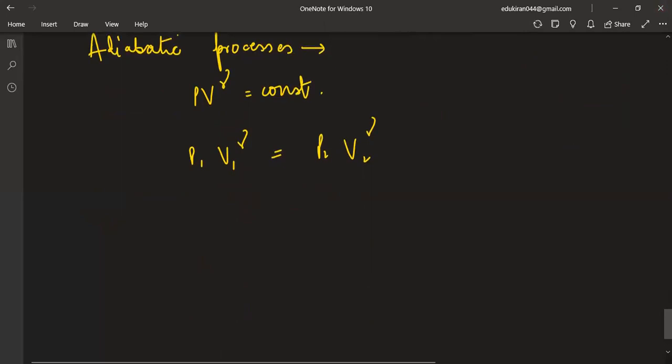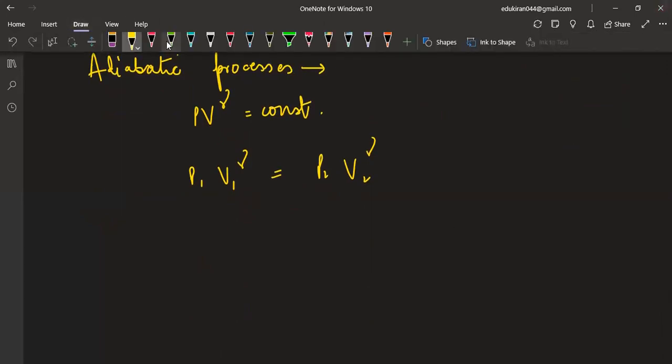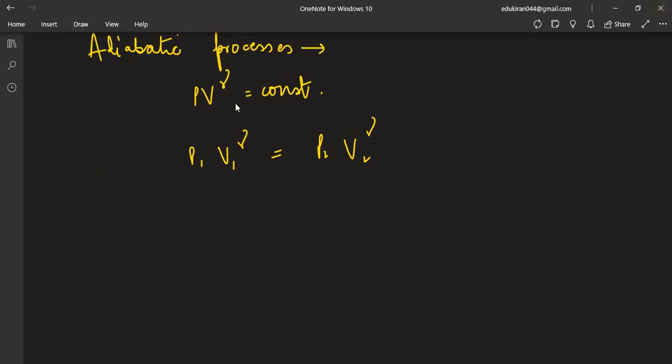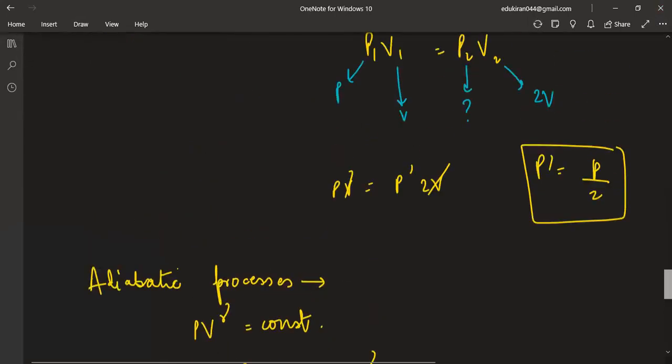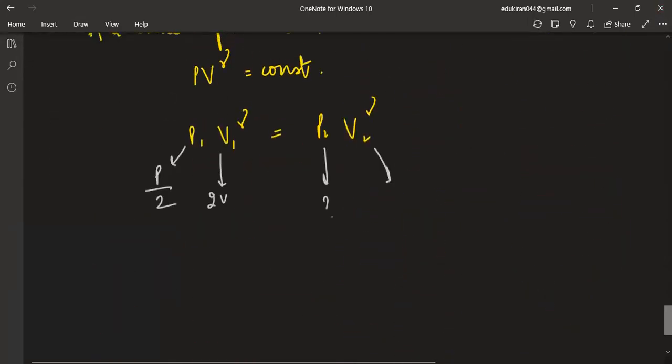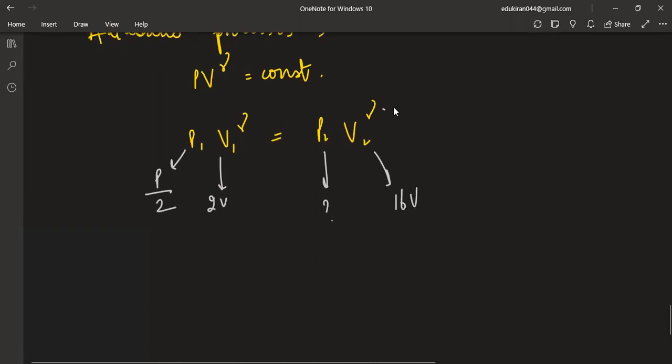Now again we have the values of everything. The pressure that we have calculated is P by 2. V1 is 2V. P2 is unknown. And V2 is given as 16V, and gamma is given as 5/3.